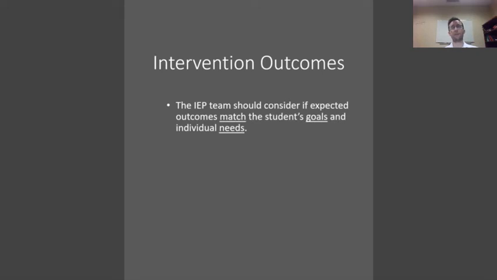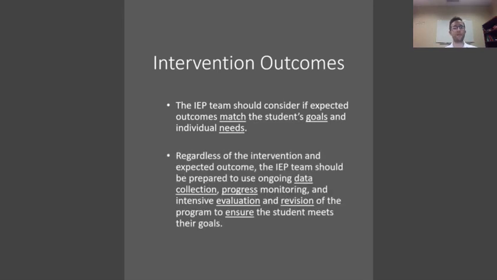So it's important to calibrate the expected outcomes based on the type of intervention. Now, regardless of the intervention and expected outcome, the IEP team should be prepared to use ongoing data collection, progress monitoring, and intensive evaluation and revision of the program to ensure that the student meets their goals.